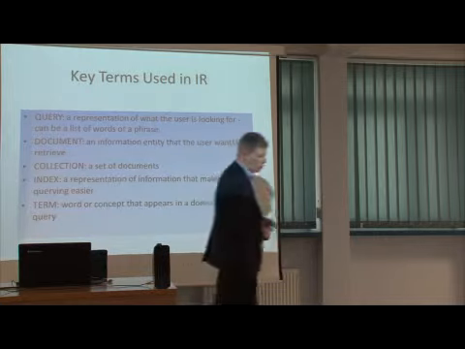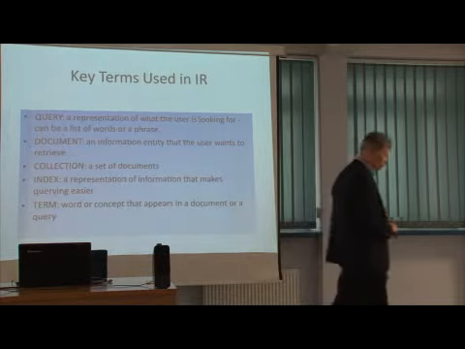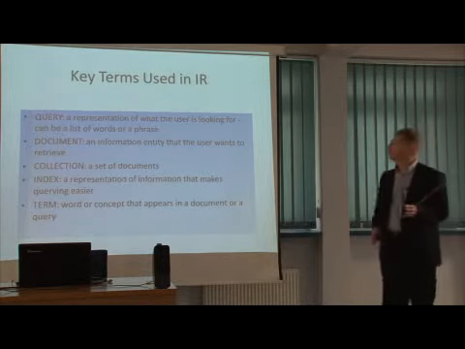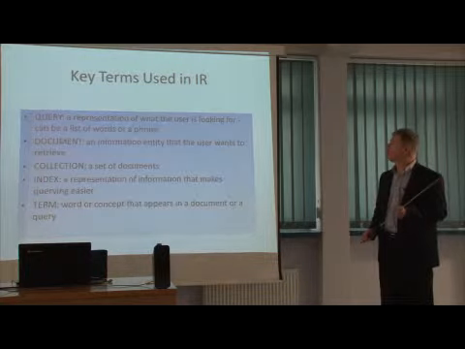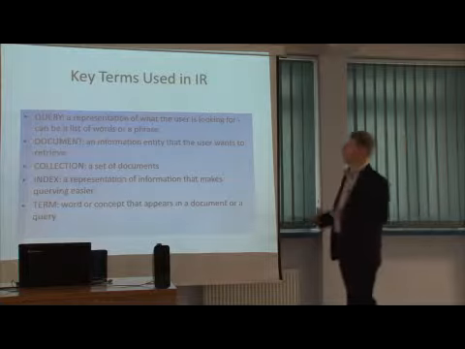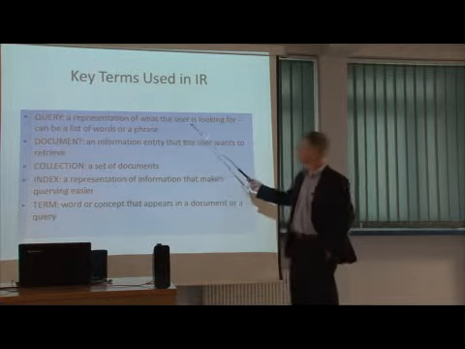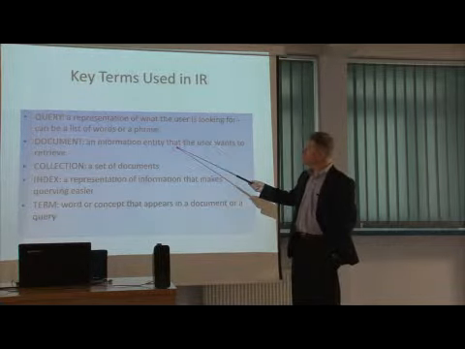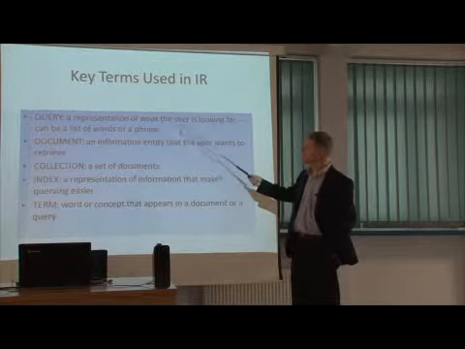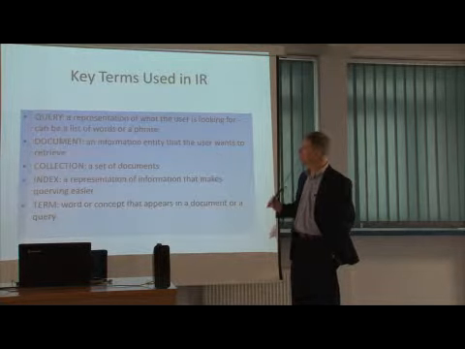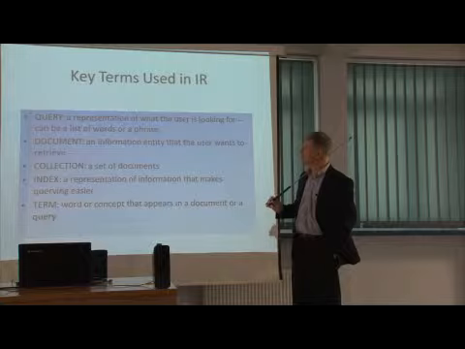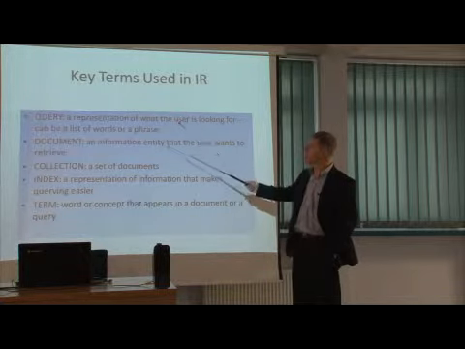All right, so we already used many of the key terms in information retrieval. Of course, everybody knows query and document. These are obvious terms, but in a sense, a query is also a document.